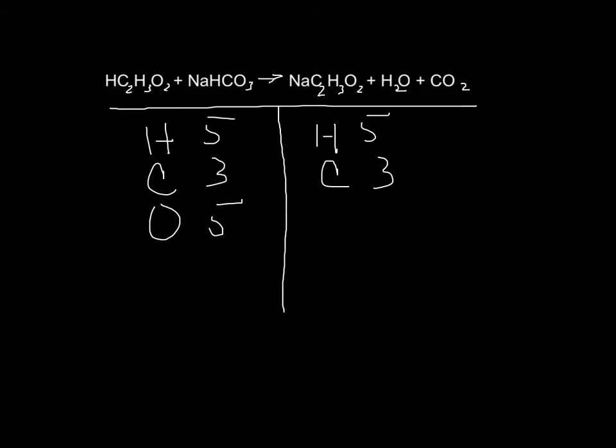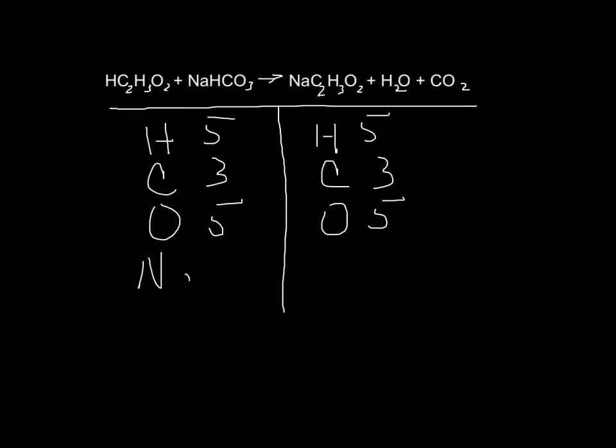Go over to the product side, we'll do the same thing. Go across, there's 2 oxygen atoms. There's 1 oxygen atom. That's 3, and there's 2 more, and that's a total of 5 oxygen atoms. And then we just have 1 more element, and that's sodium. There's 1 sodium atom on the reactant side.